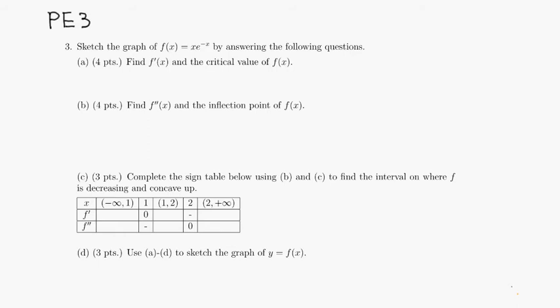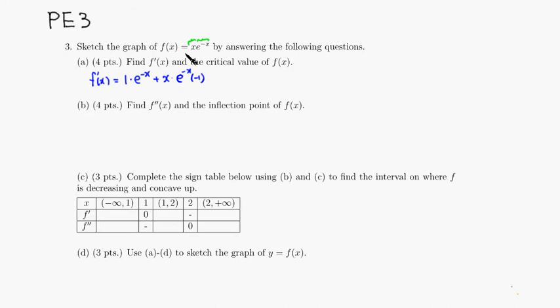We need to take the derivative, but it looks like you have two things multiplied together, so we're going to use the product rule. F prime of x is equal to the derivative of the first, which is 1, times the second, e to the negative x, plus the first times the derivative of e to the negative x, so e to the negative x times negative 1.